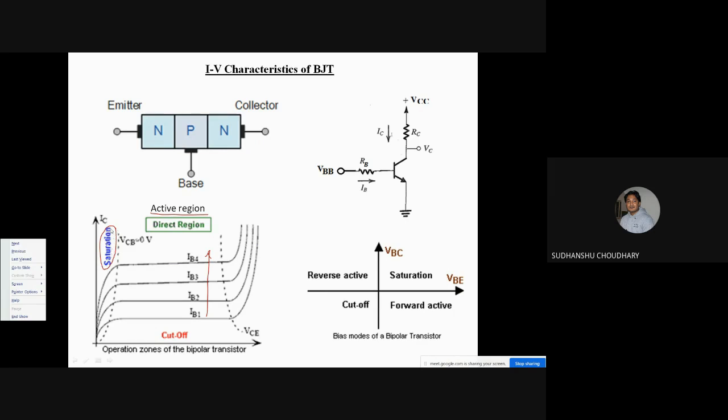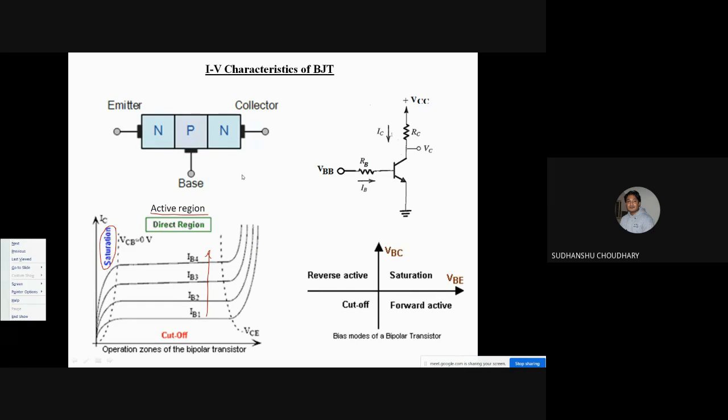In the left region, the saturation region, the BJT collector current is saturated. From the IV characteristic, it doesn't seem that the collector current is actually saturated. That can be found from this circuit. If we look at this circuit, then we can understand how the collector current is saturated in this region.